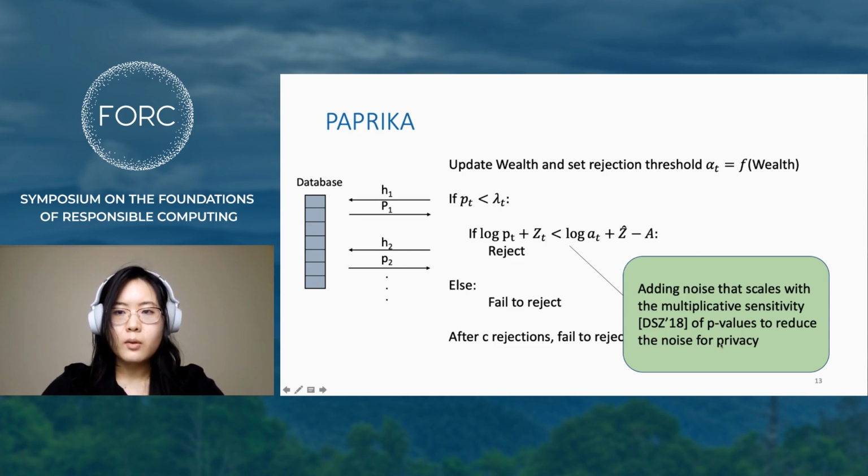This sensitivity notion was proposed specifically for p-values, as p-values tend to have high additive sensitivity. So by using this sensitivity notion, we can treat the log scale of p-values as having additive sensitivity. And this is why we are considering log p-values here.